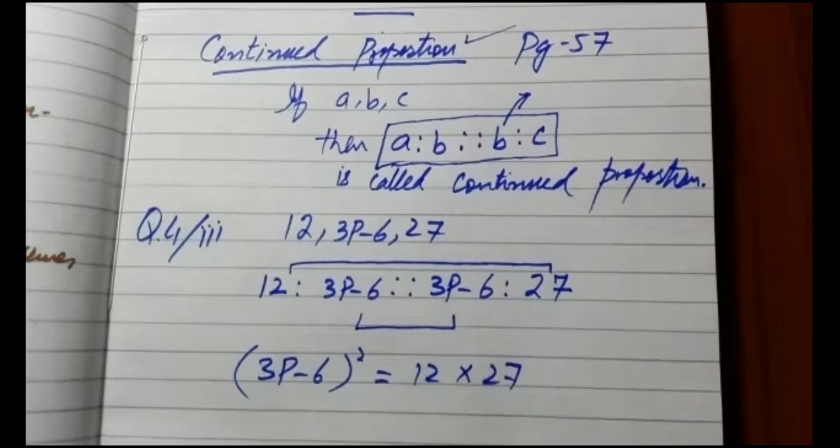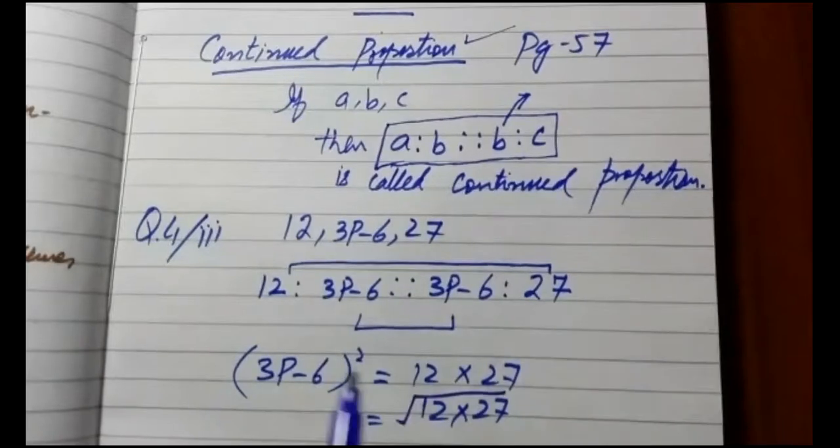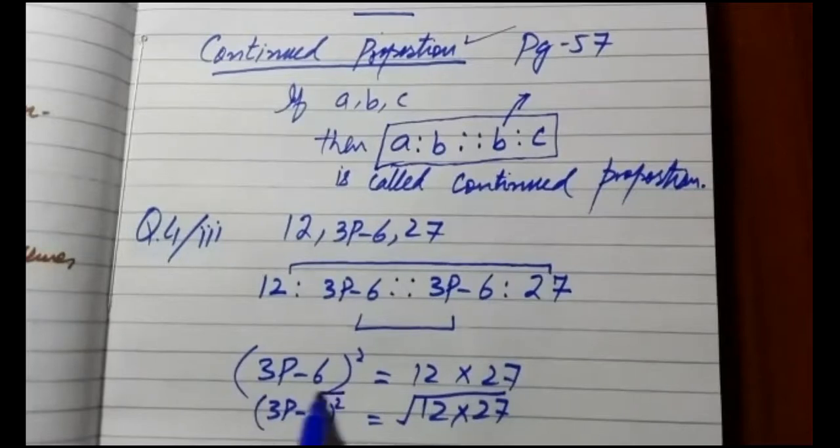So the first task is this, that you will do 12 into 27. So do the multiplication, please. And we will also like to take its square root, and 3p minus 6 whole square. 324.